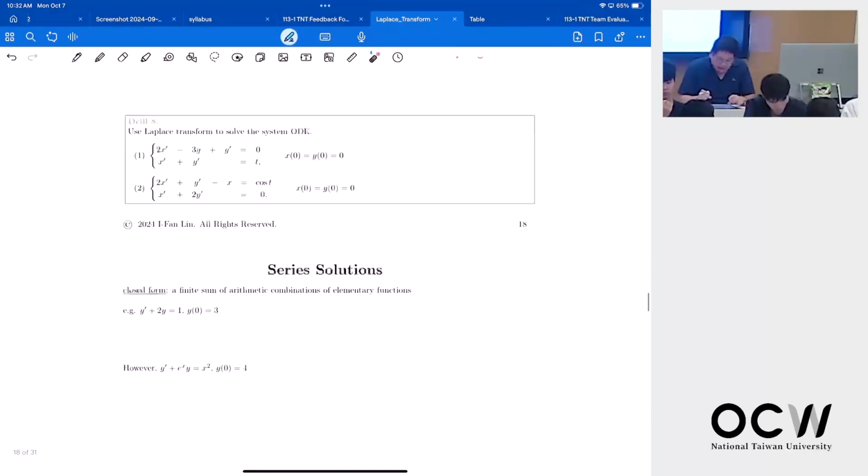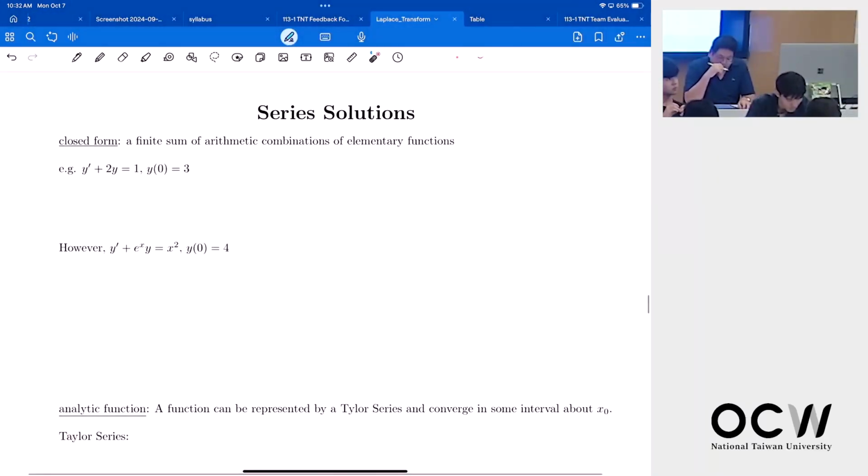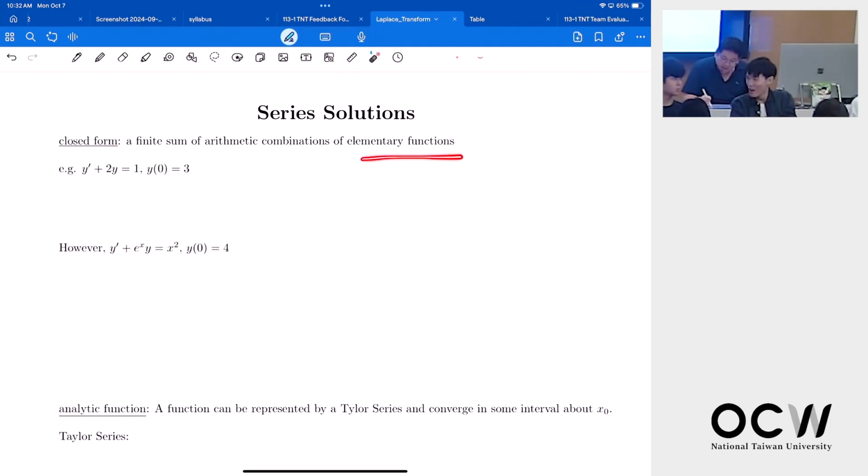Next, we are going to talk about the series solution. This is another way to find the solution of a differential equation. And why do we need the series solution? Because sometimes we cannot find the closed form solution. First, what is the closed form solution? The closed form means a finite sum of arithmetic combinations of the elementary functions.